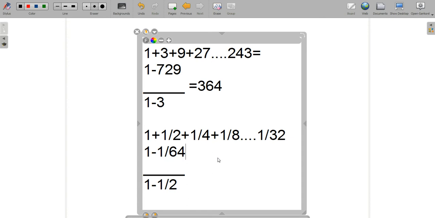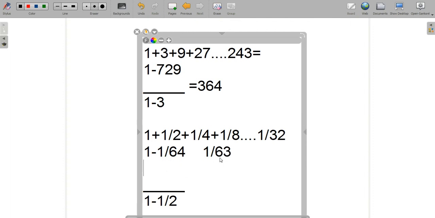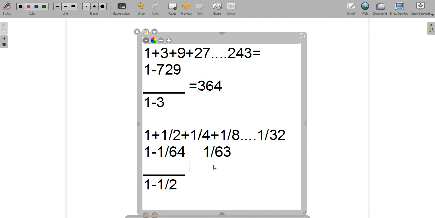So it would be 1 over 63. Oops. Divided by 1/2. Which you just flip the symbols around, and you get 2 over 63.